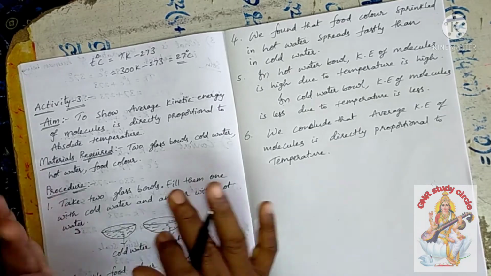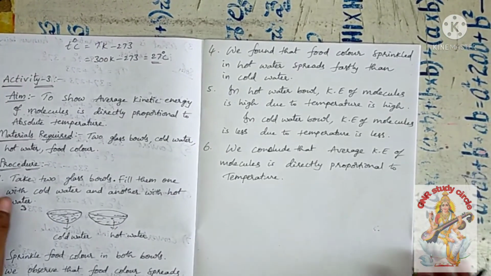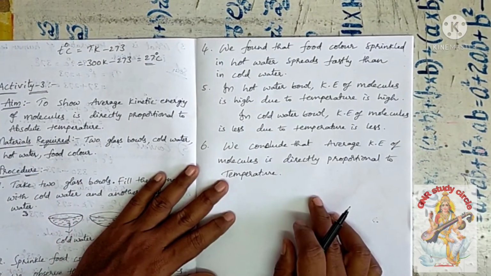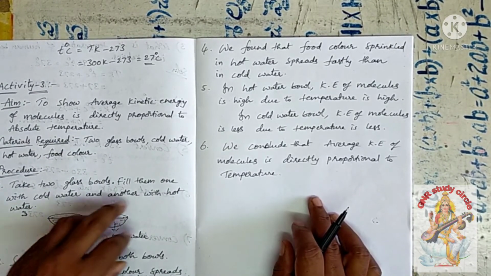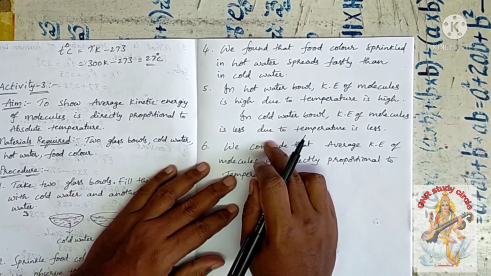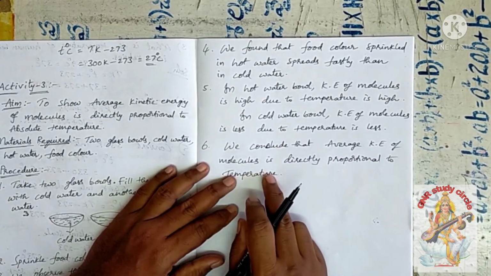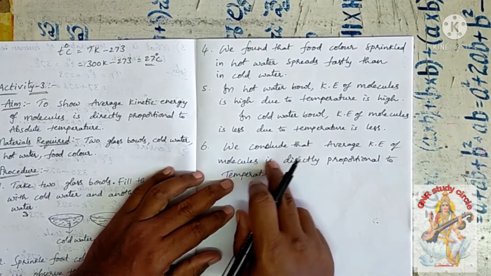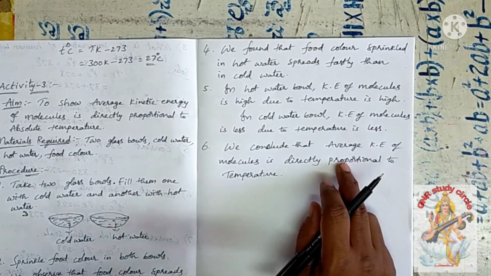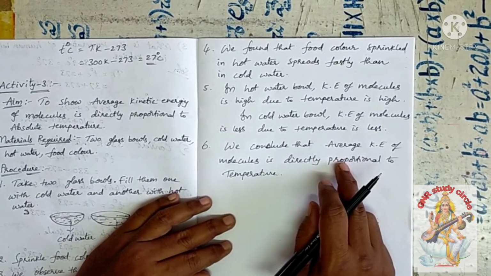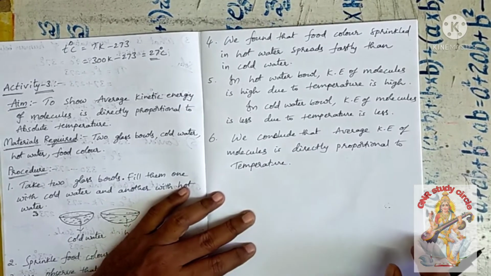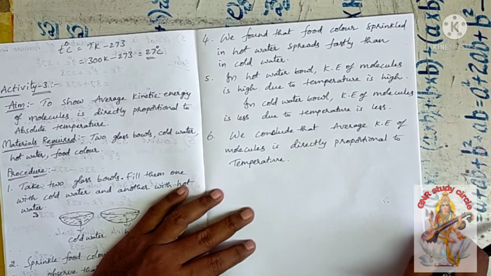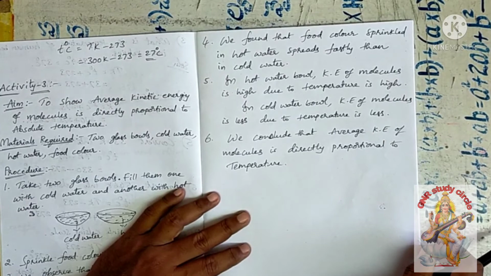We observe that in both bowls food color spreads, but we found that the food color spreads faster in hot water than cold water. Why? Because in hot water temperature is high, so kinetic energy is also high. In cold water temperature is less, so kinetic energy is also less. From this we conclude that average kinetic energy of the molecules is directly proportional to temperature.